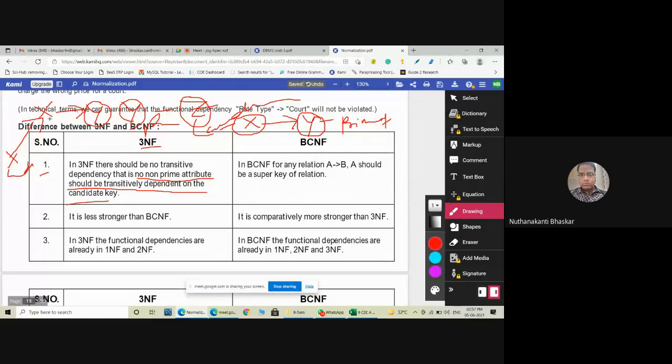If X is a candidate key, Y is depending on X, and we are also writing Y determines Z, so there is a chance that Y is a prime attribute depending on the candidate key.